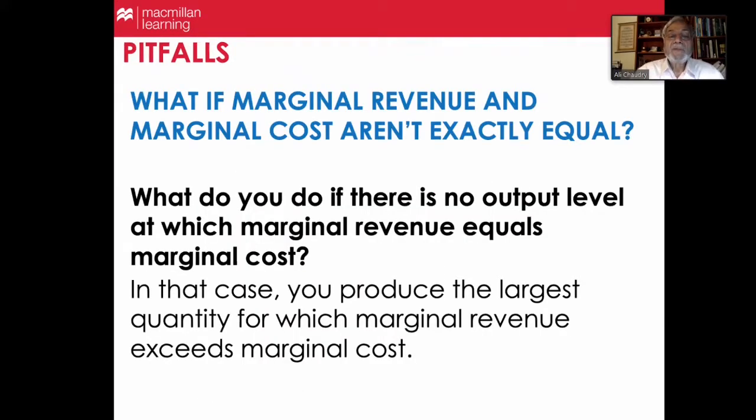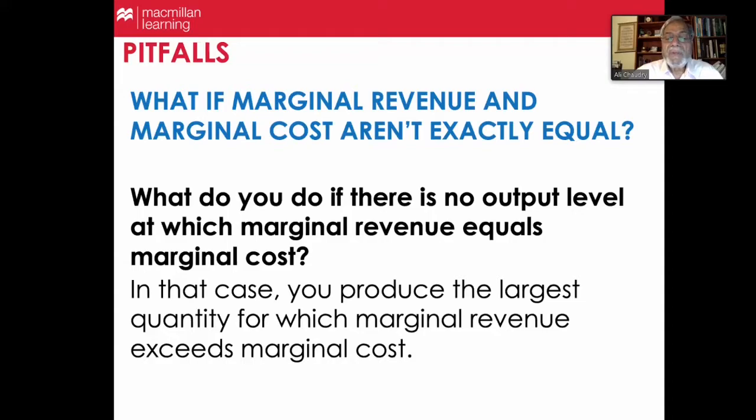All right. So what if marginal revenue and marginal cost aren't exactly equal? As I said in the beginning, in economics, we try to simplify a very complex world, with complicated situations. We try to simplify it to a point where we can use simpler concepts to define the items we need to make a decision.